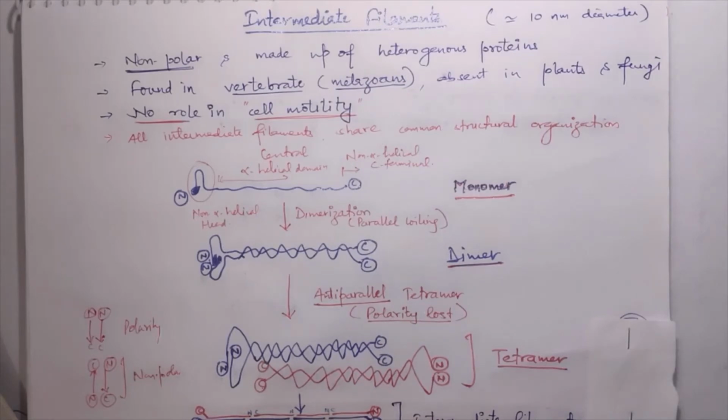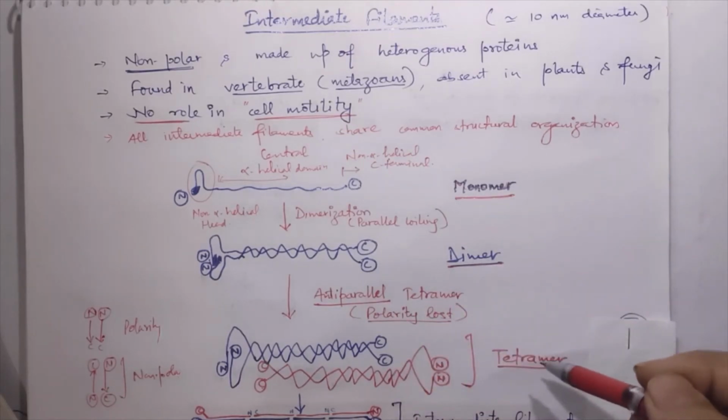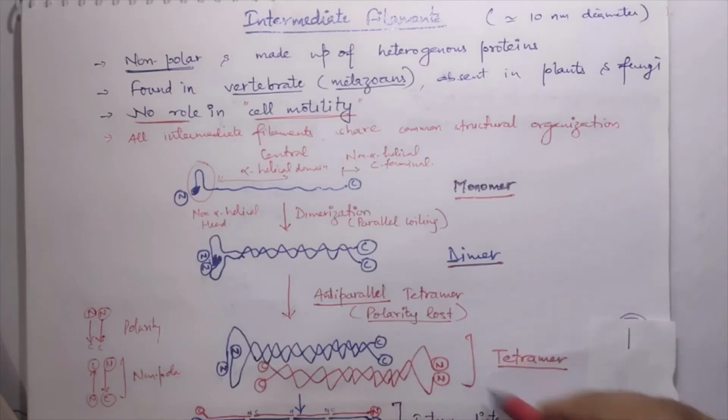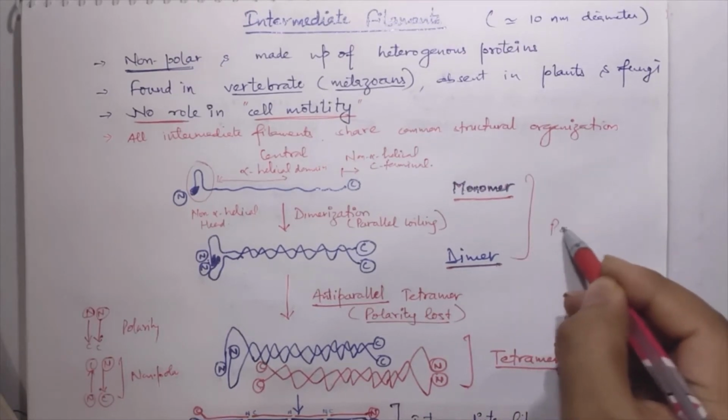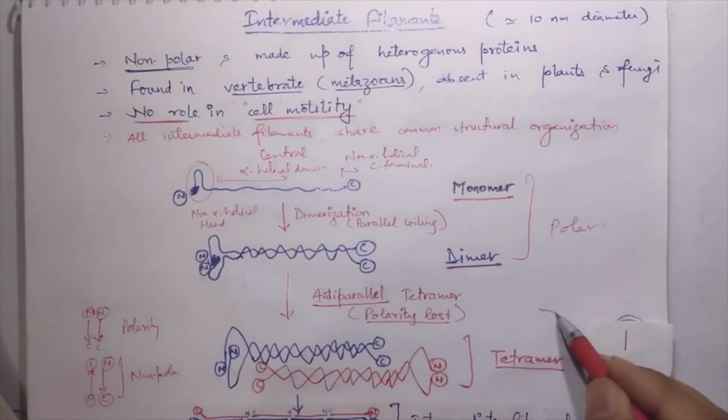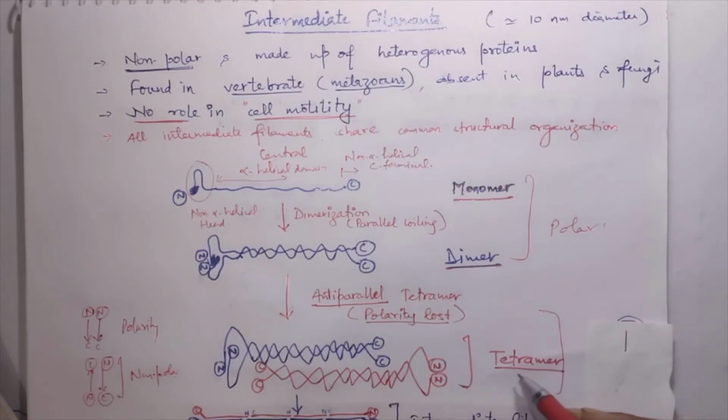to form intermediate filaments, which are a type of polymer of these tetramers. These intermediate filaments then have diverse roles in different cell types, as explained in subsequent points of the topic. But the important point is that there is loss of polarity with the formation of these tetramers. Up to monomers and dimers, they were polar, but as soon as they are anti-parallelly arranged to form a tetramer, the polarity is lost.